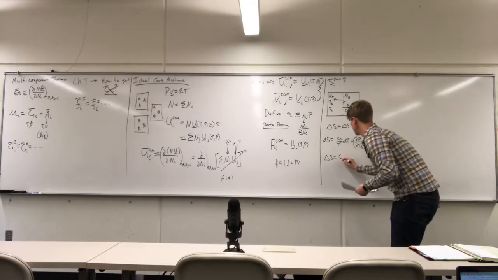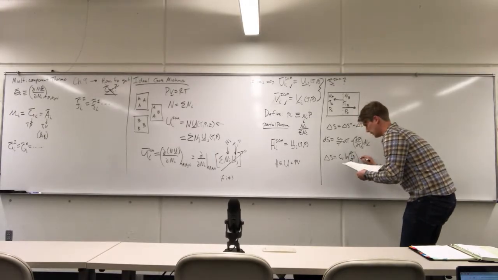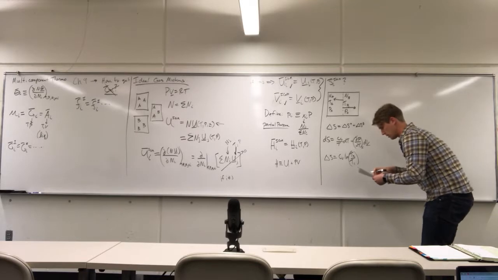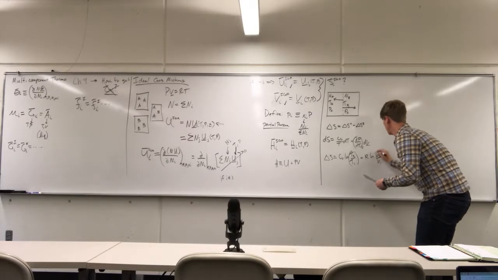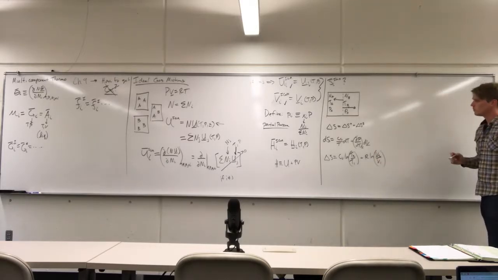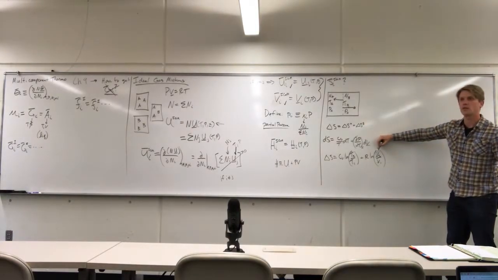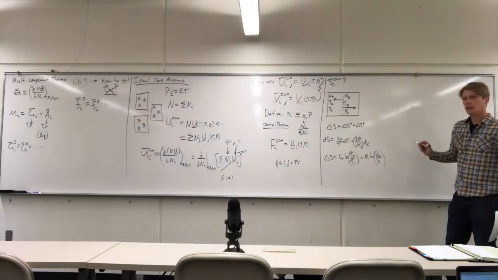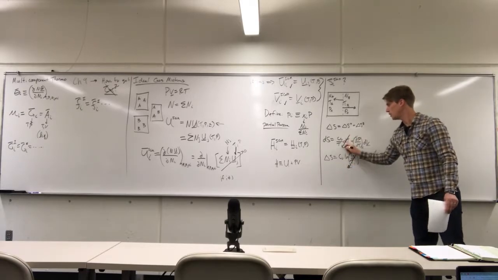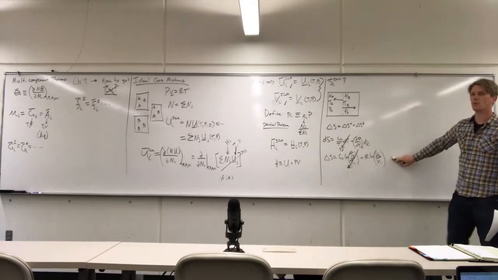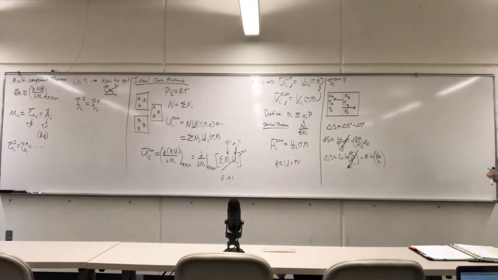This one's going to be C, ideal gas, there it is, plus R. This is just substituting in the ideal gas law, taking the partial derivative, and integrating it with respect to volume. Right? So for simplicity's sake, let's say that the temperature is constant, so dT goes to 0. That way we only have to worry about the change in the volume of the system, which makes our calculations significantly easier.